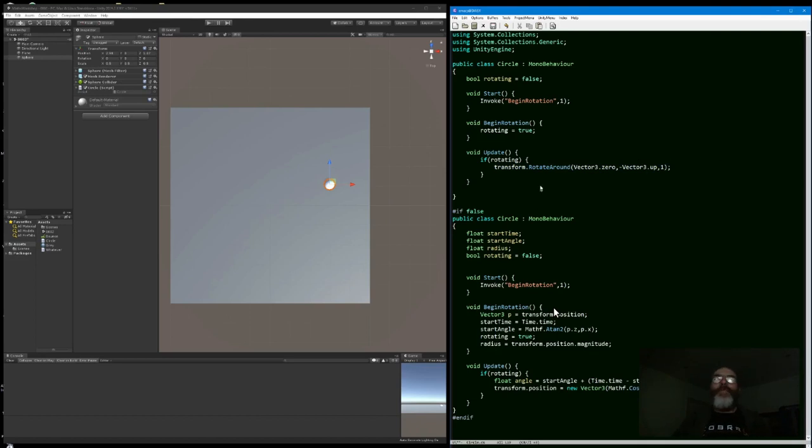So the one thing that this doesn't have, that this had, is that this is stateful and this was stateless. So if I wanted to make it stateless, then I wouldn't be able to use the rotate around.